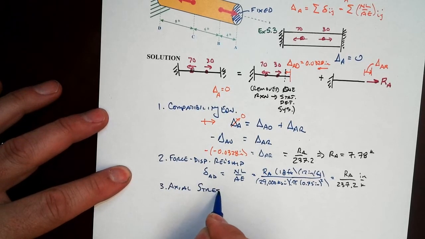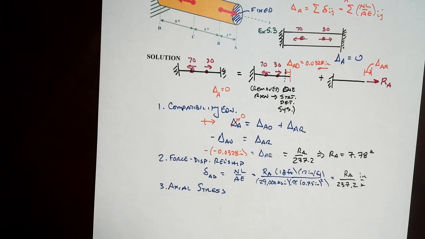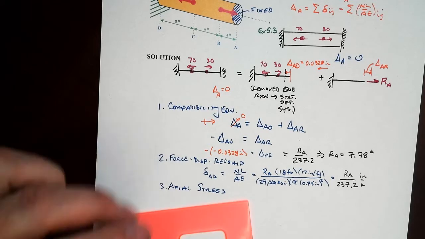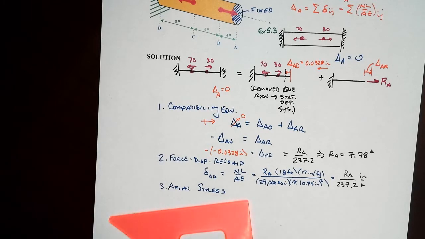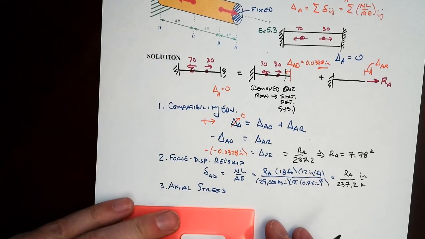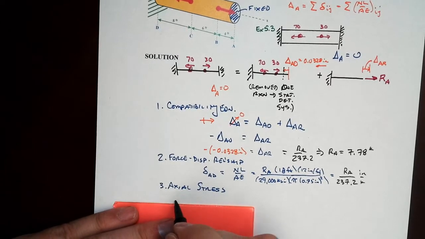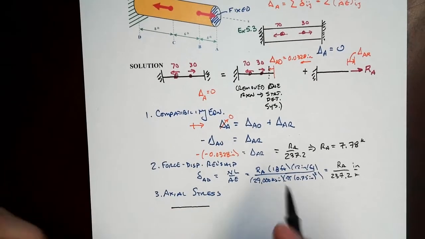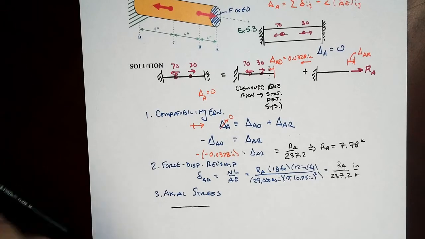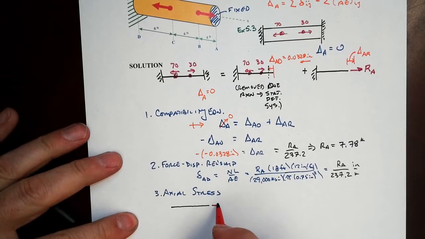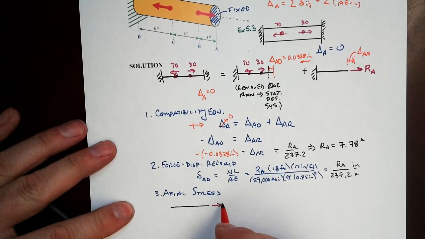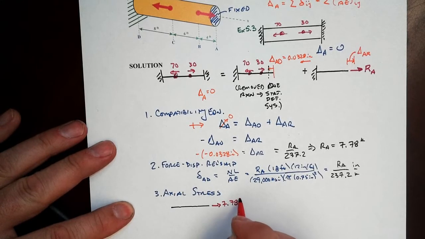That means we need to get the axial force in each segment. So we have to be a little bit careful here, because now we're going back to the total system, going back to this one right there, right? And the way that's going to be set up is that we've got an entire system that now has a reaction that is 7.78 kips there.